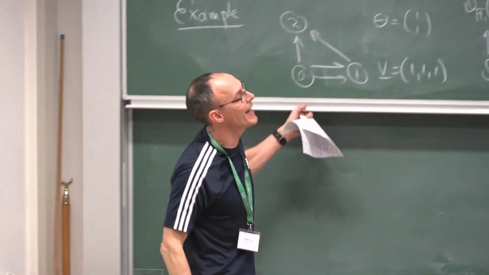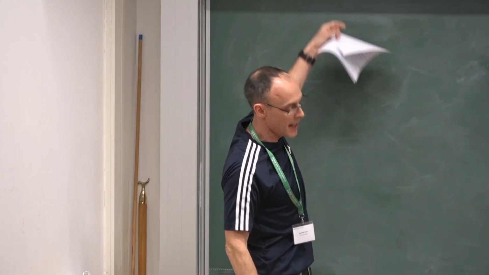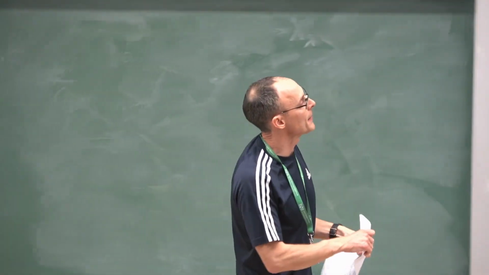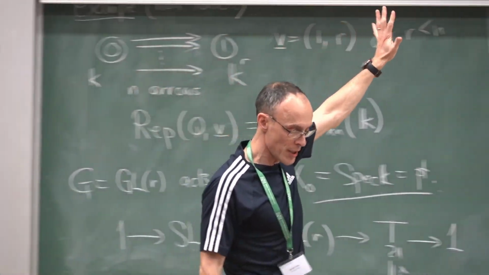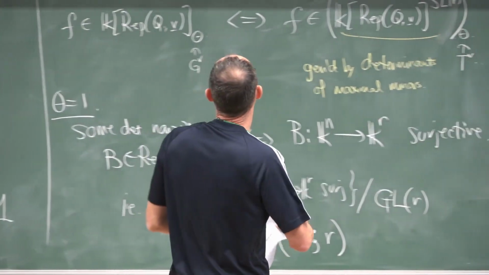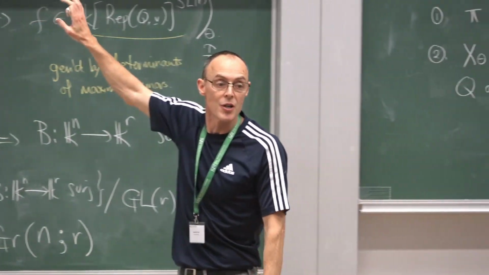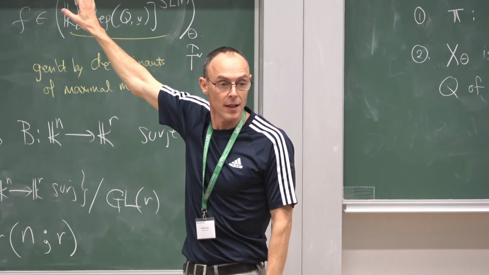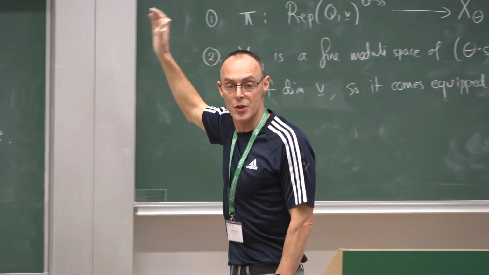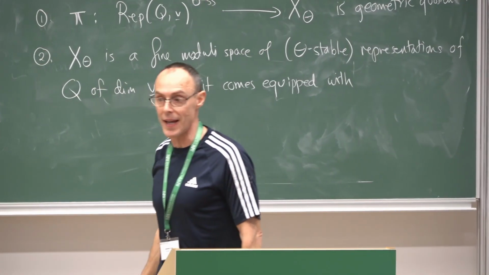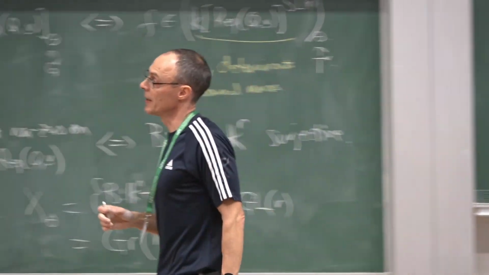So some of the key take-home, if you've not seen these quiver GIT quotients before: yes, quiver varieties, moduli spaces of quiver representations, they are GIT quotients. So they are varieties, but they come together with a choice of a privileged collection of vector bundles and morphisms between them.